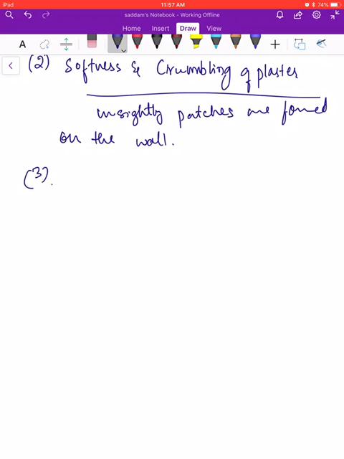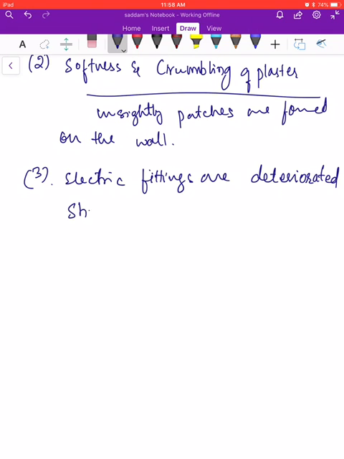Now the biggest cause is the electric fittings. Electric fittings are deteriorated heavily, because of which there is a probability of short circuiting.